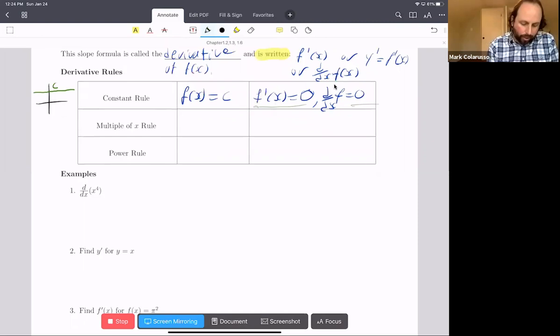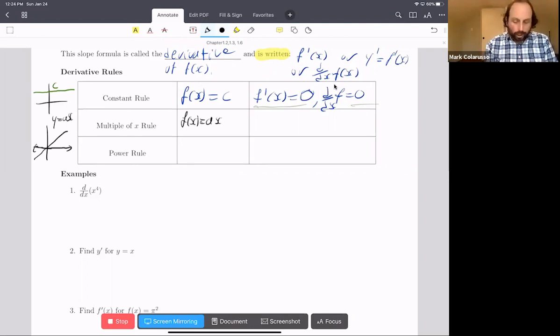So a multiple of x. Now our function f(x) is equal to a times x. Let's think about this for a moment. What does that function look like? This is the function that we discussed in class about motion with constant speed. Y equals ax is a line, so no matter where you are along the line, you have the same slope.